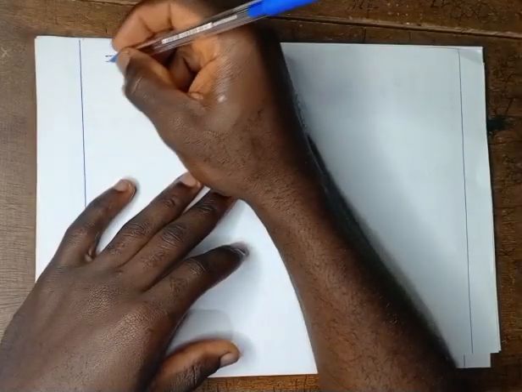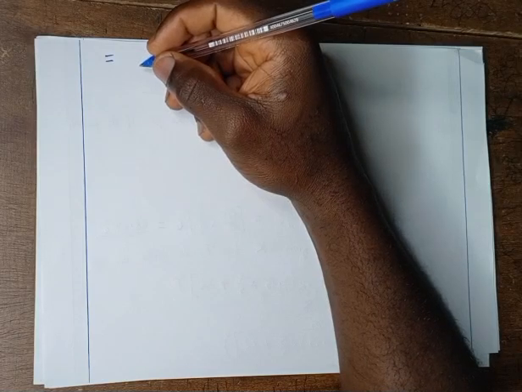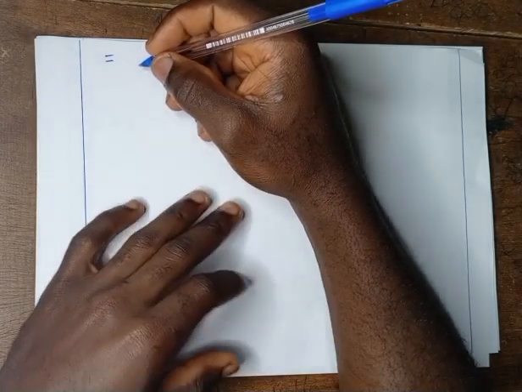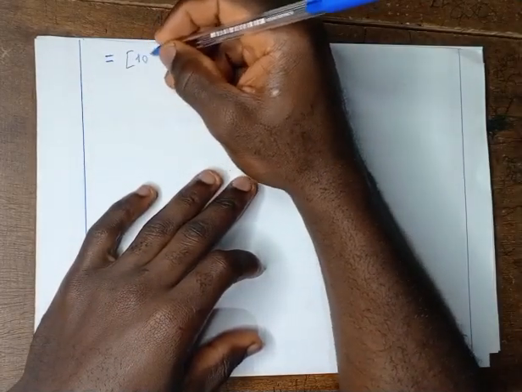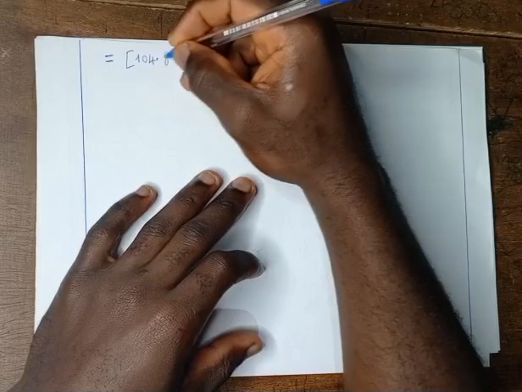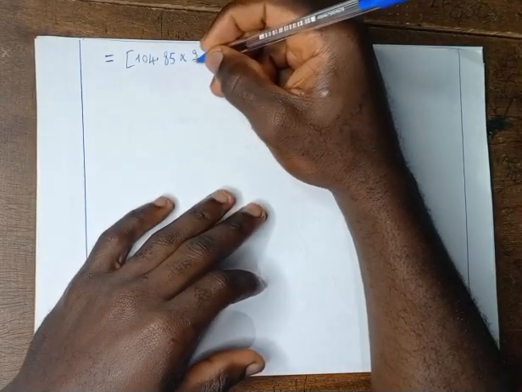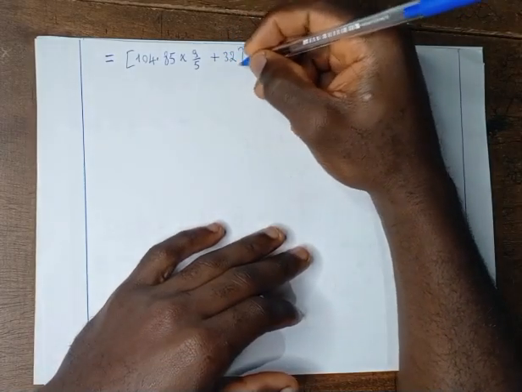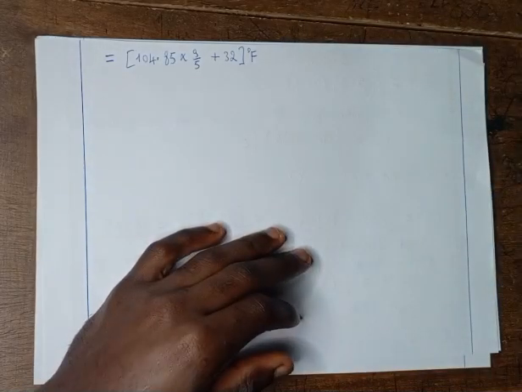This will simply be equal to, if we take 378 minus 273.15, we are going to obtain 104.85. Then we are going to multiply it by 9/5. Then we add 32 to the result, and the unit will simply be degrees Fahrenheit.